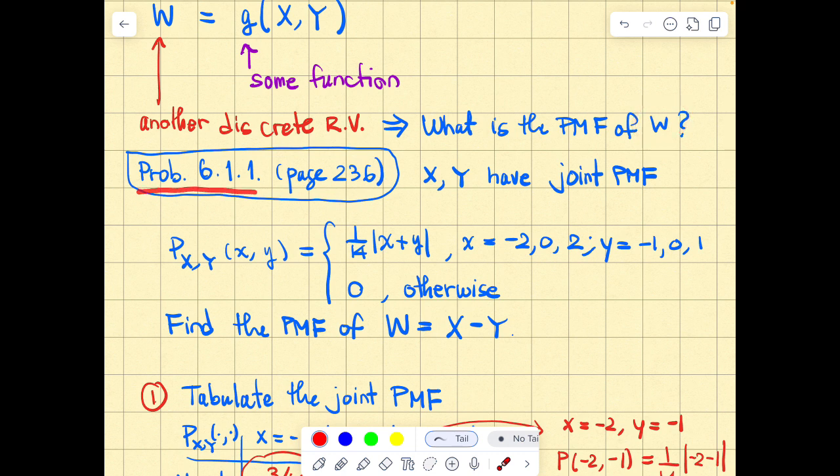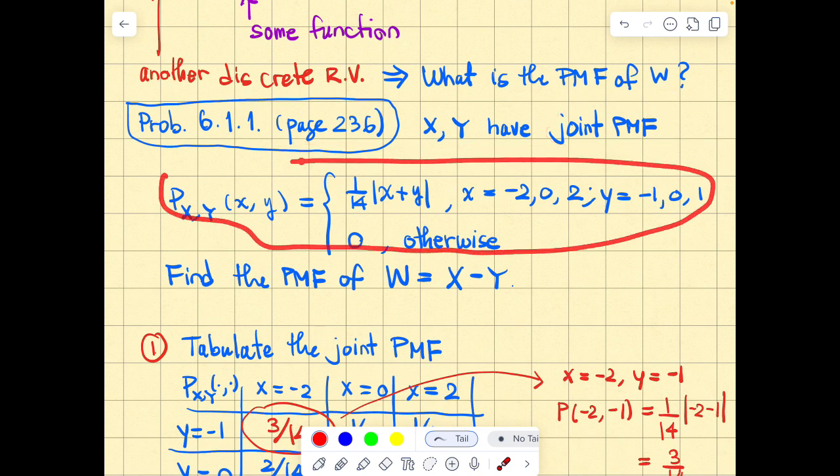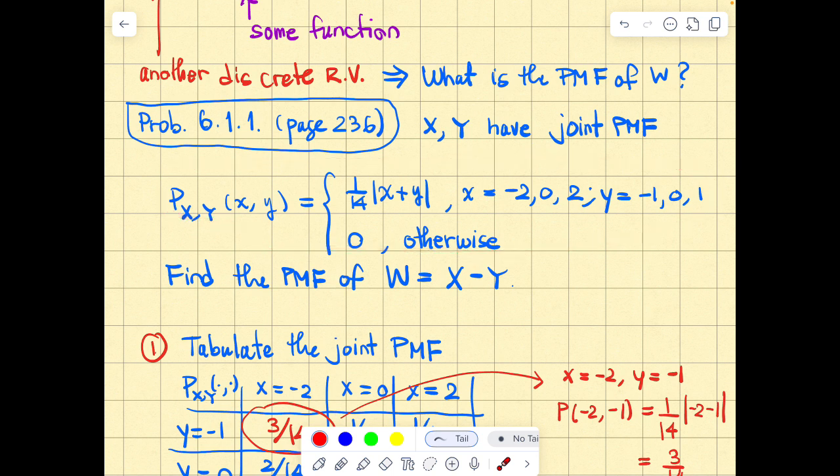This is coming from problem 6.11, page 236 in the textbook. So let's say X and Y have some joint PMF. The joint PMF is given by these expressions. Okay, so if you're looking at this, you see that the joint PMF is the probability, right?